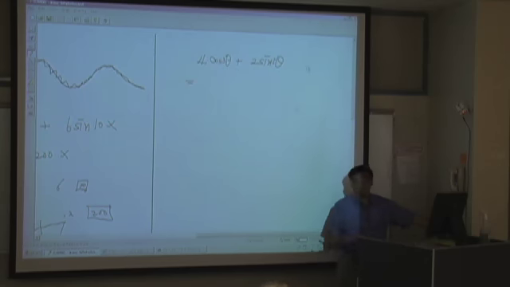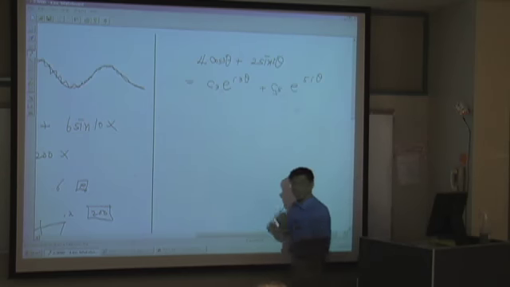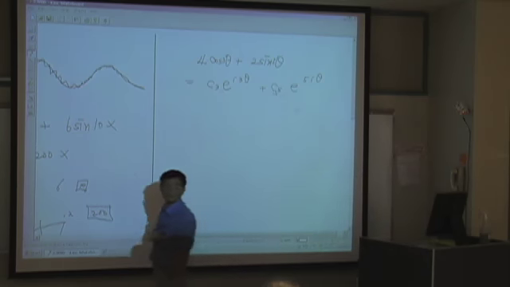Assume that you have this function. Then somehow you can represent these things using e to the power of 3i theta, and then e to the power of 5i theta with appropriate c_3 plus c_5, which are complex coefficients. It's possible to do it.